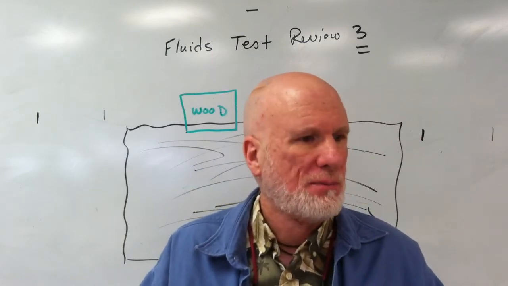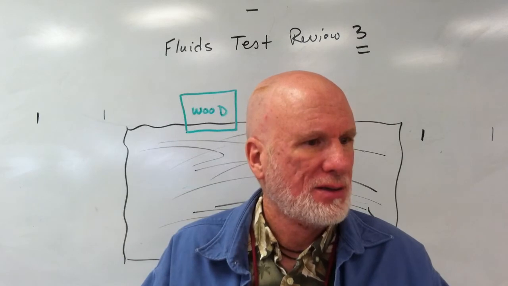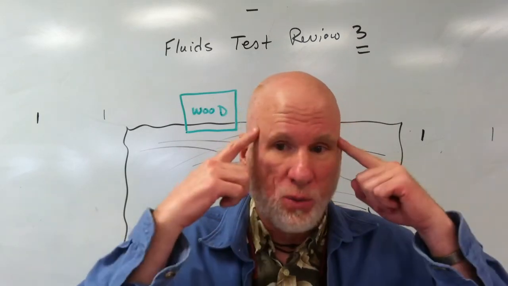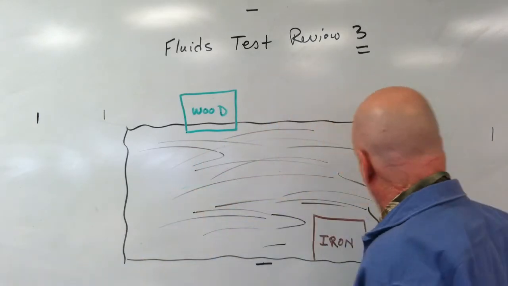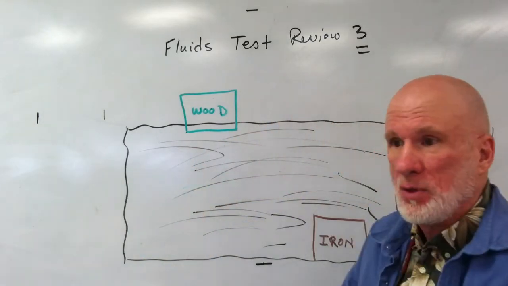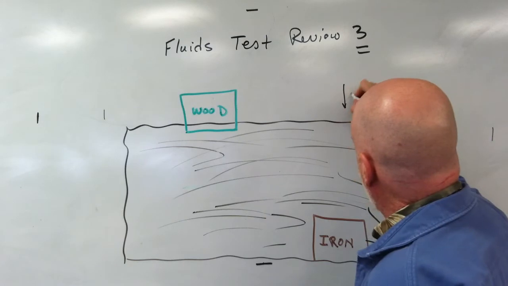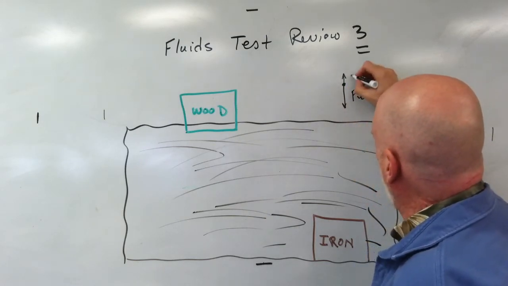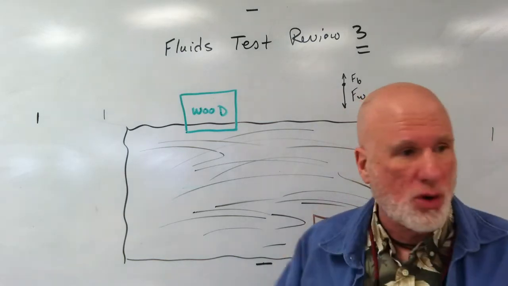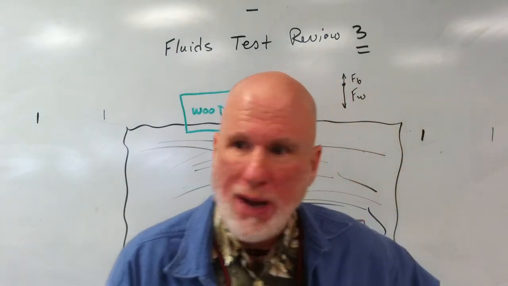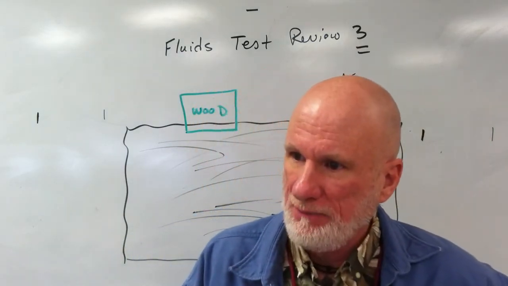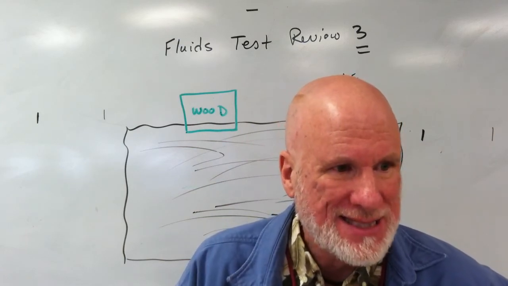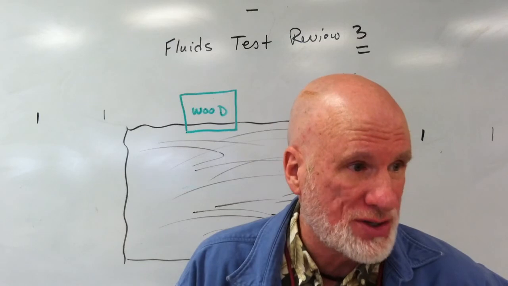The buoyant force and the weight of the object in air, correct? Which direction is the weight? The weight goes down. That's the weight. That's the buoyant force. And for the iron, the weight would be much greater than the buoyant force, wouldn't it? Yes. So isn't the apparent weight the same thing as the net force?